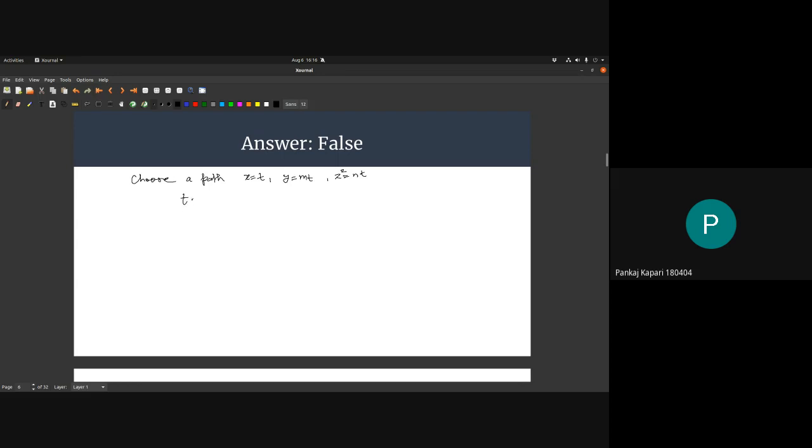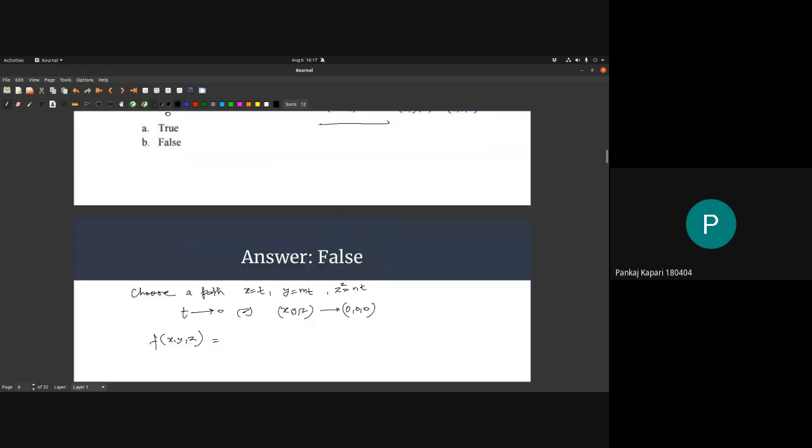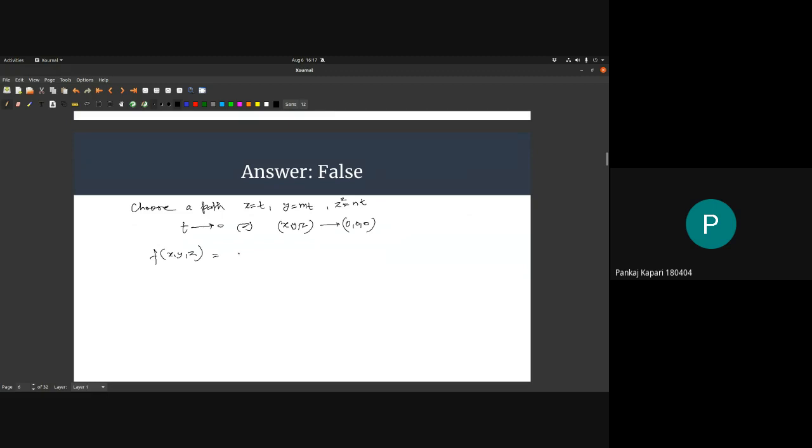Because when t tends to 0, our point (x, y, z) tends to the origin, right? So let's find out what is the value of the function along this path. The function is given to be x y square z square. That means x is equal to t. Now we are writing this as a function of t, right?